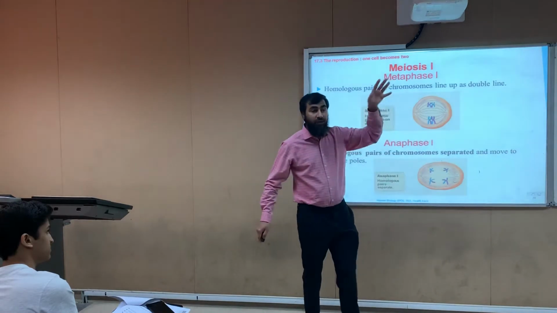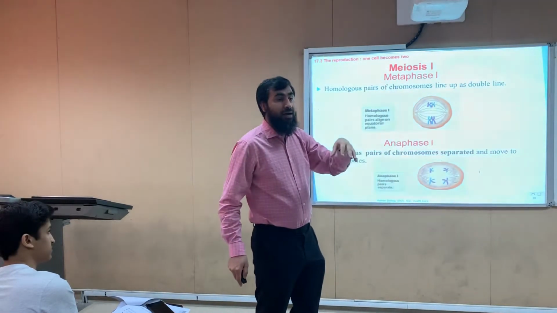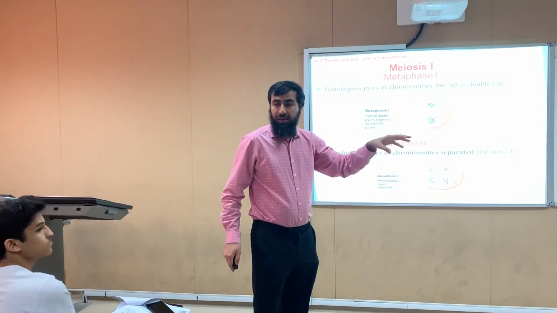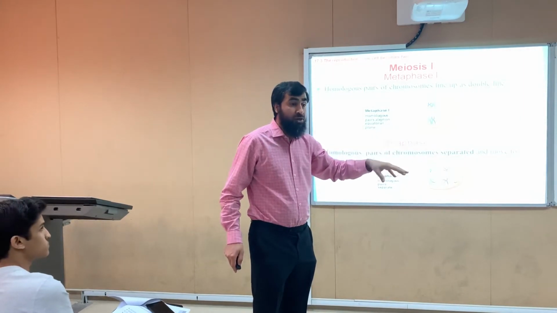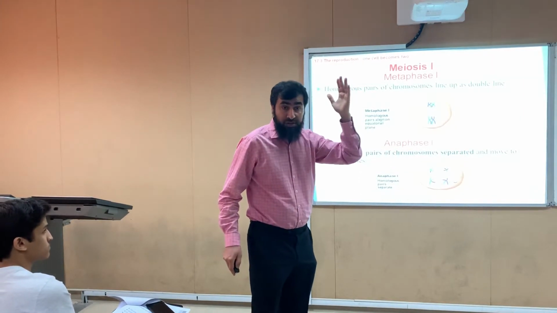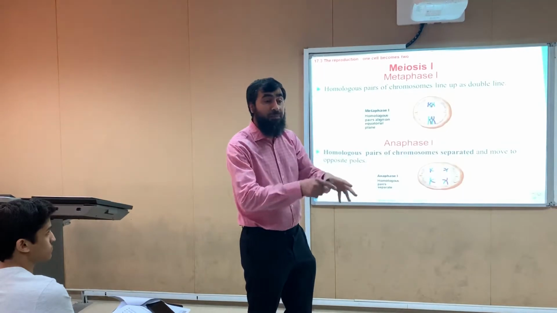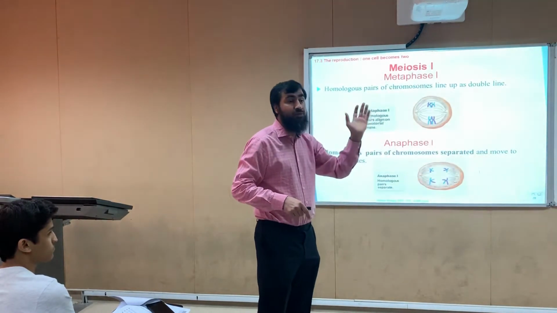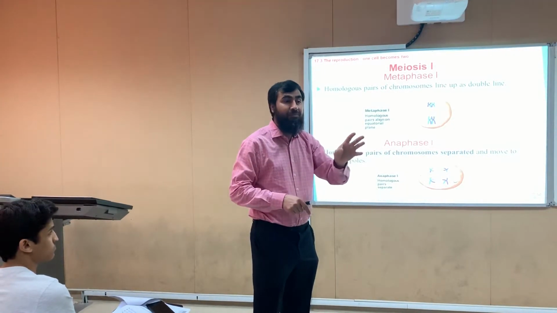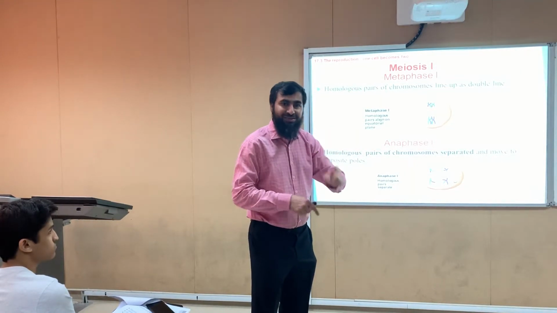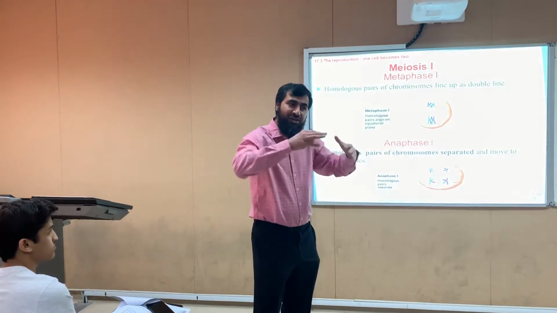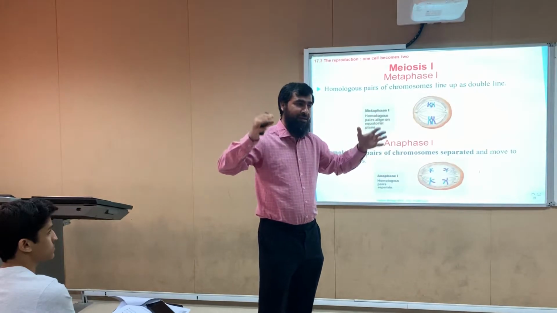Then you combine that with the crossing over. It's going to increase genetic variability. Then you combine that with the 300 million sperm that are competing for one egg. So the genetic variation is compounded every time.